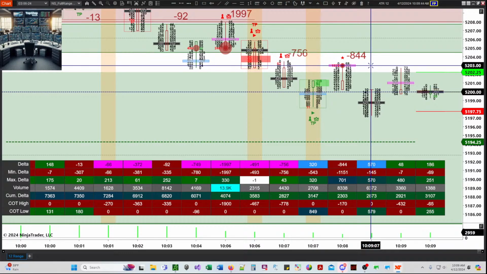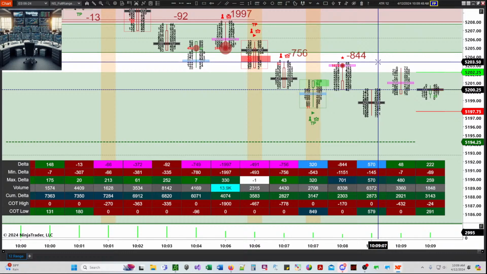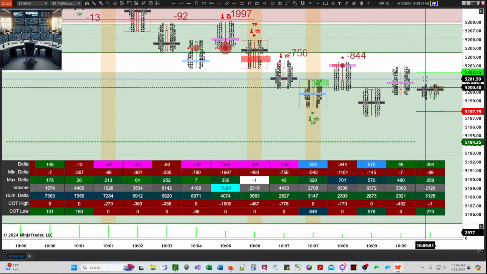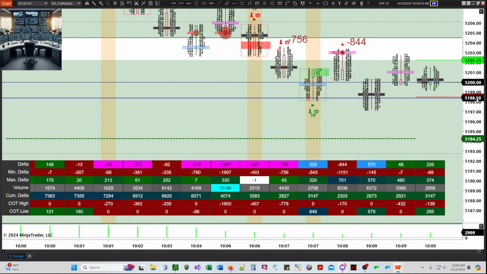So we got resistance up here right around 3, 2 3/4, 3. Probably going to go back up there into the regular range.